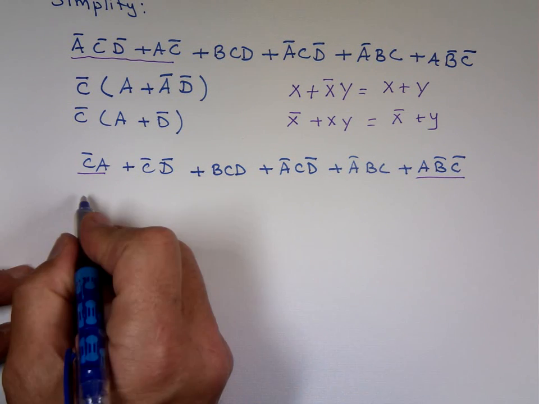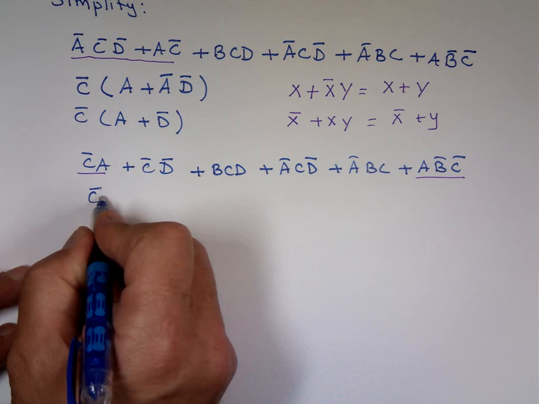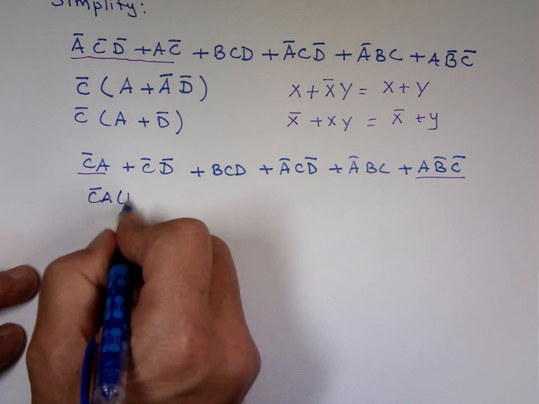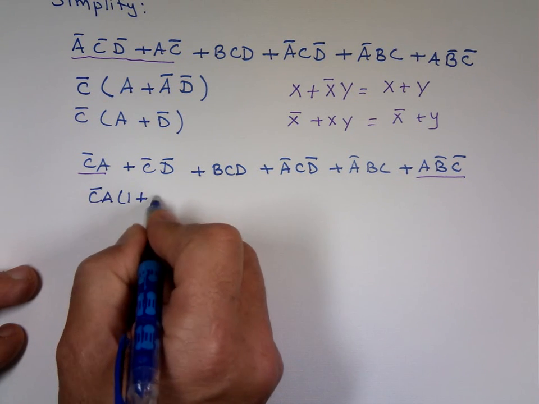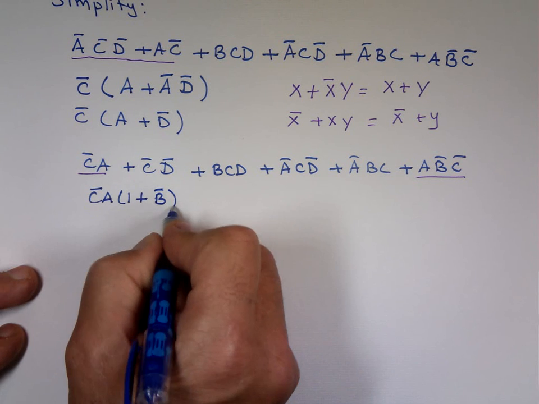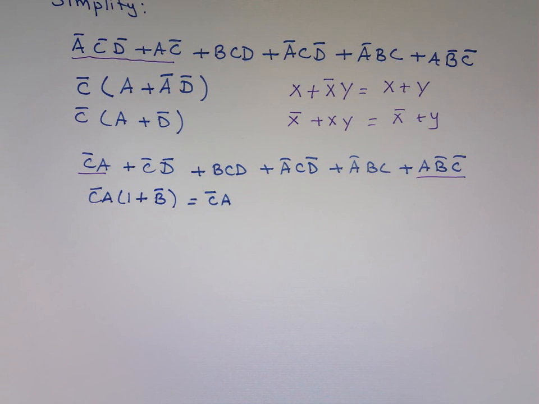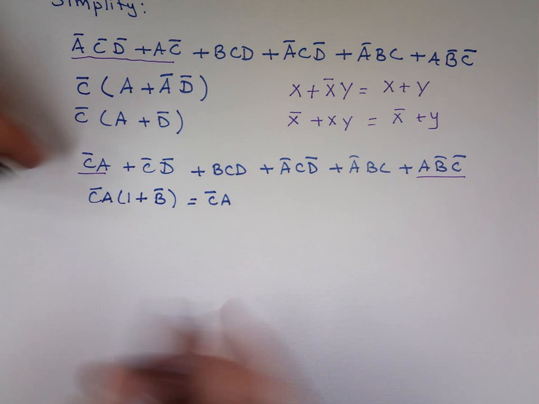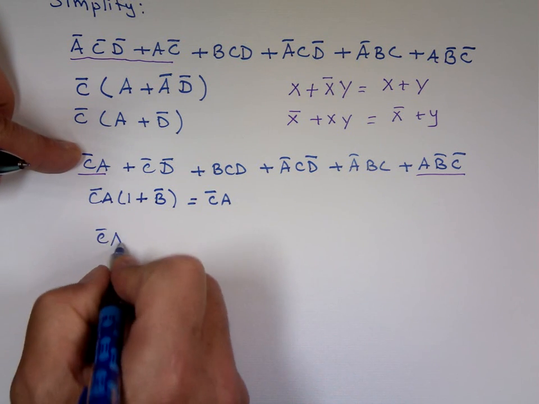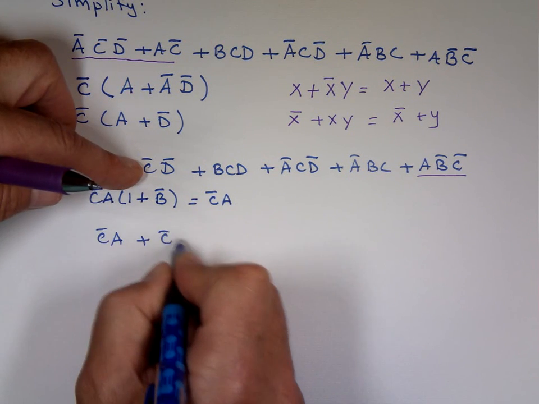So if you factor C bar A out, what's left? 1 plus B bar, which is a 1, so you end up with C bar A. So this is gone. That's useless. Let me rewrite the problem again. I don't mind writing it again.